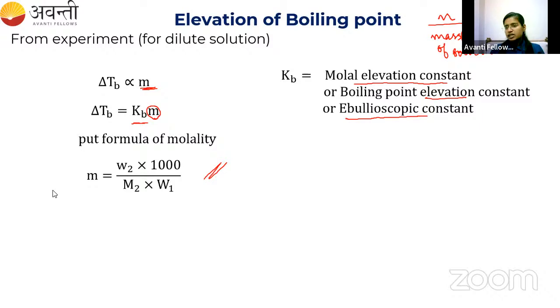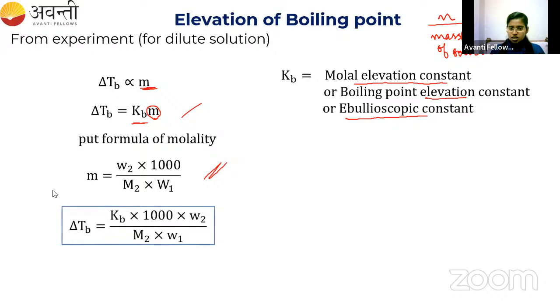Now I have to take this m value and substitute here in this formula. If I substitute, I will get delta Tb is equal to Kb into 1000 into W2 by M2 into W1. This is a very important formula you have to study from the elevation of boiling point topic.